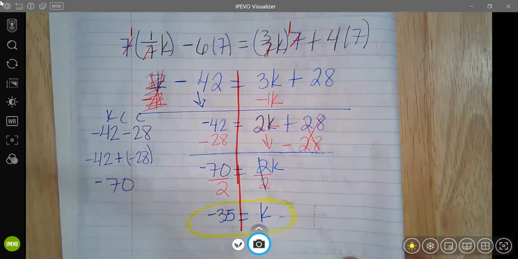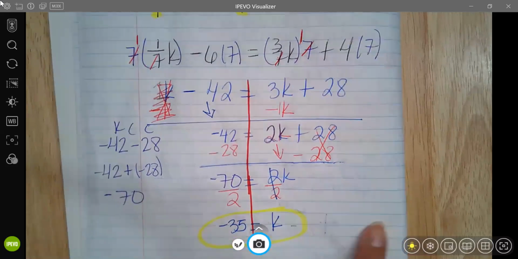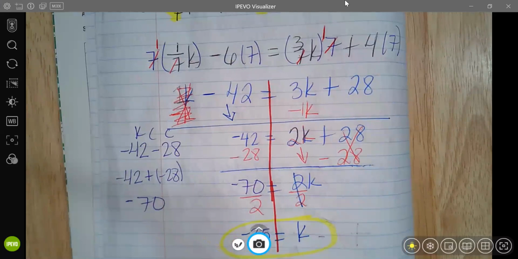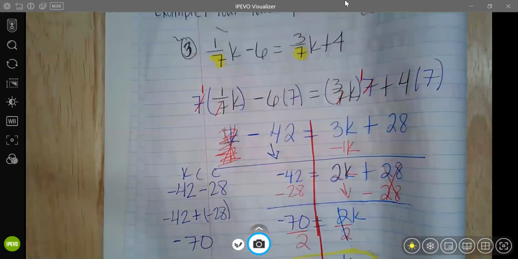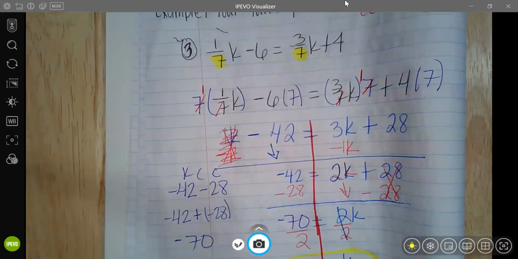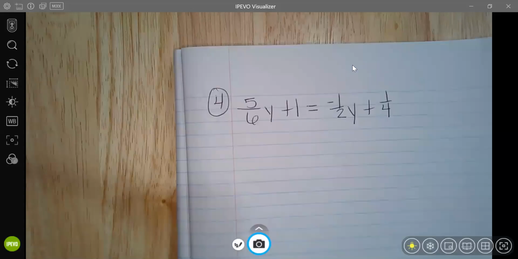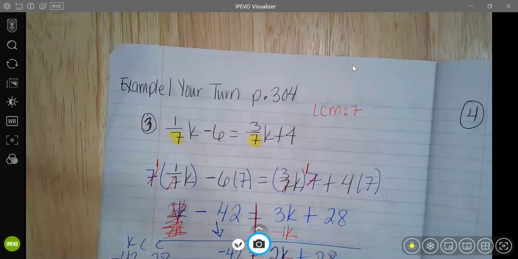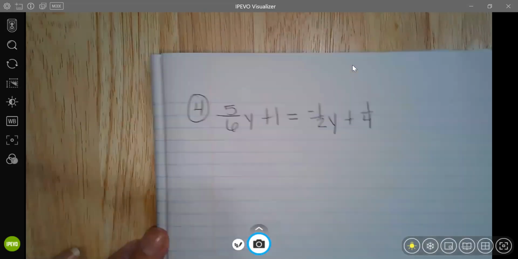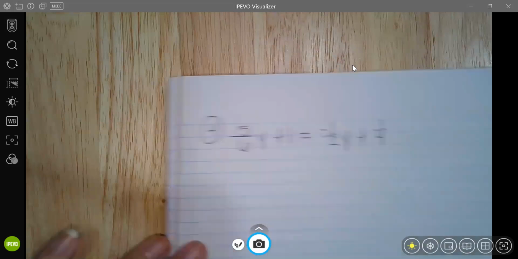Okay. Now let's do number 4 from that same Your Turn. And I'm actually going to be using this other side of our journal. All right, so this was problem number 3 that we did. Here is problem number 4.